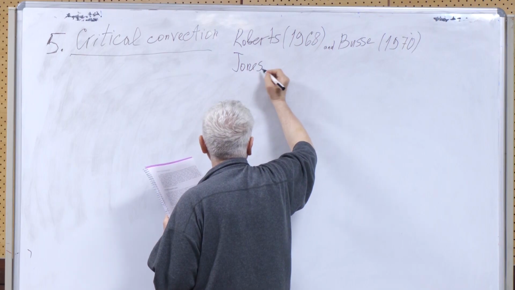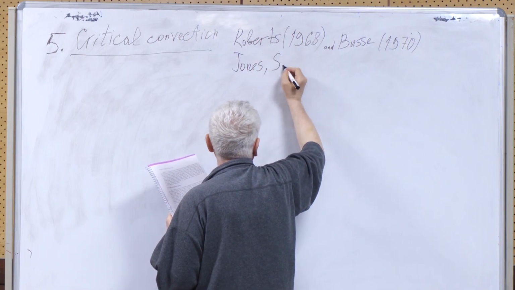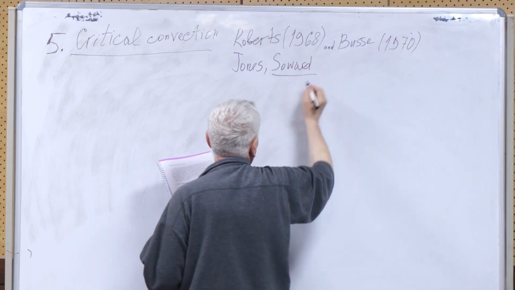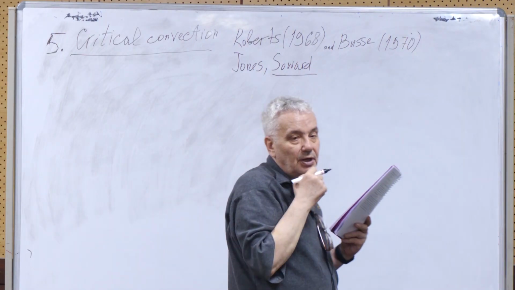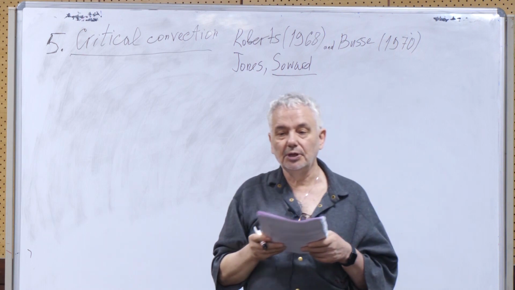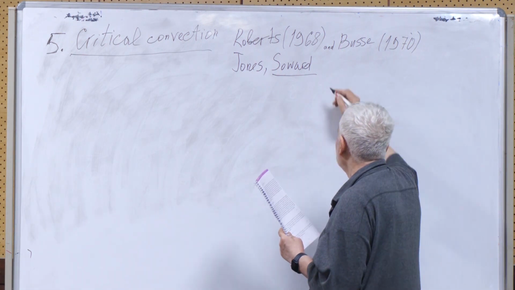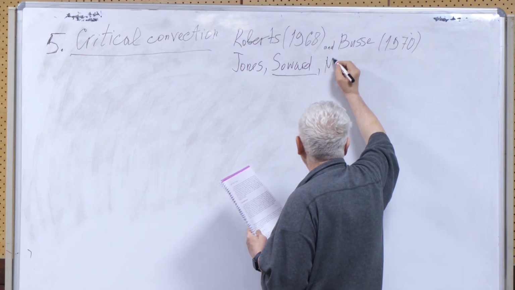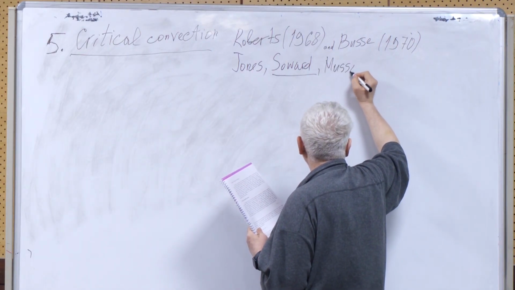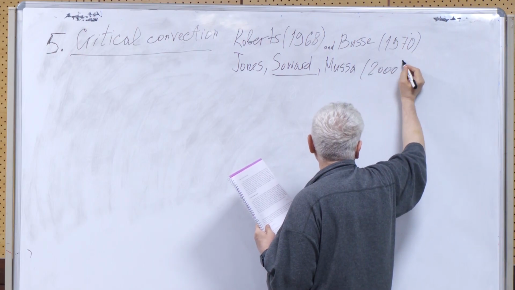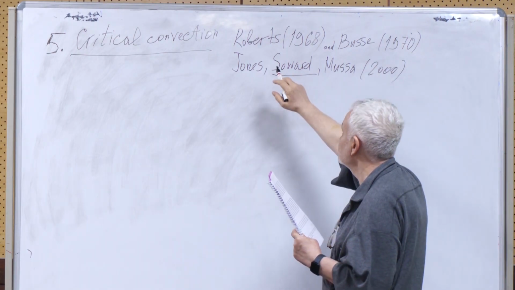Jones, Soward. This Soward is also a very important person. I knew him personally. We did some work together, and also Mussa. And it all happened in 2000, with a very significant correction.